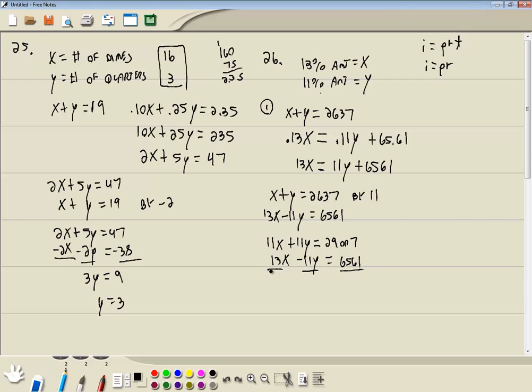So I add those, and that gives us 24x. 11y minus 11y cancels. 6561 plus 29,007 is 35,568. Okay, and divide both sides by 24.